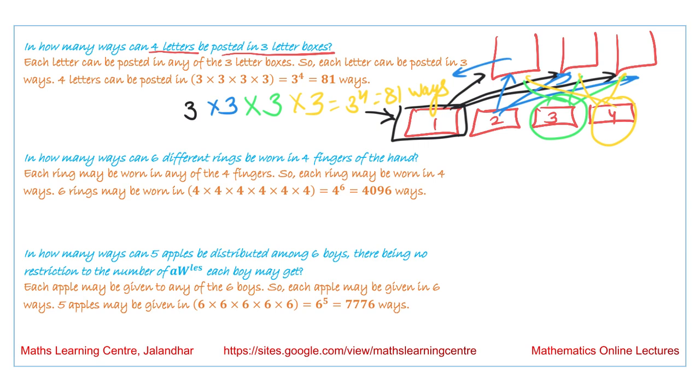The next question we have is: in how many ways can 6 different rings be worn on 4 fingers of the hand? Each of these rings may be worn on any of the 4 fingers. So each ring may be worn in 4 ways.